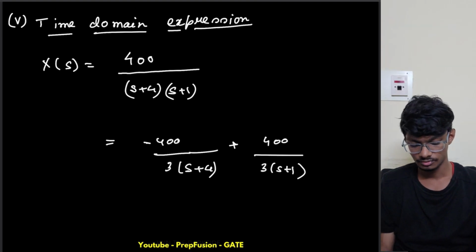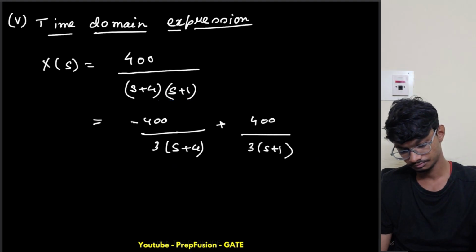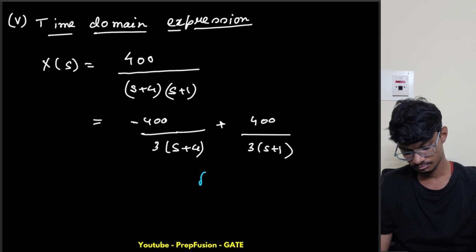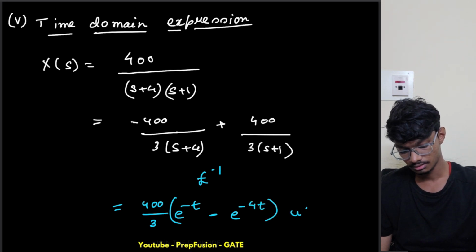So if I do the Laplace inverse, what do I get? I get 400 by 3 e raised to power minus t, u of t I will write at the end, minus e raised to power minus 4t u of t.